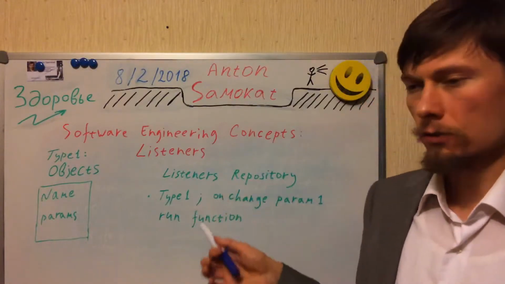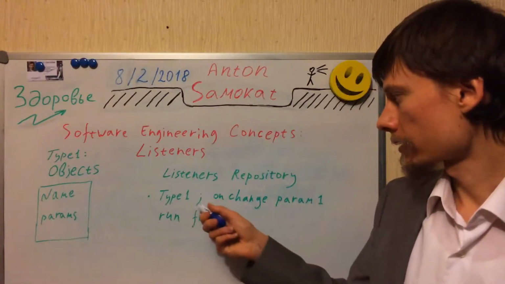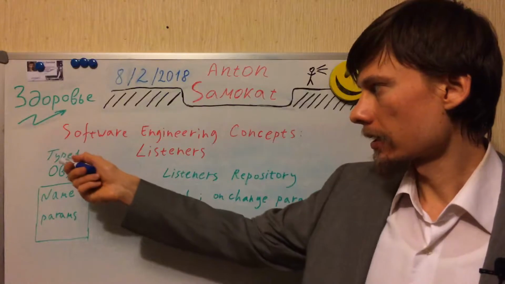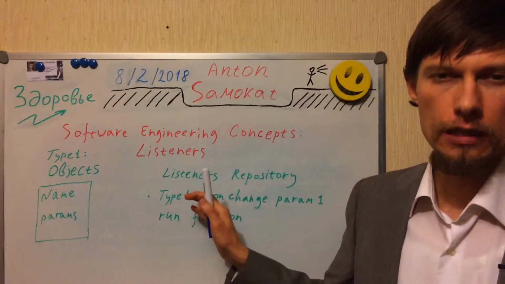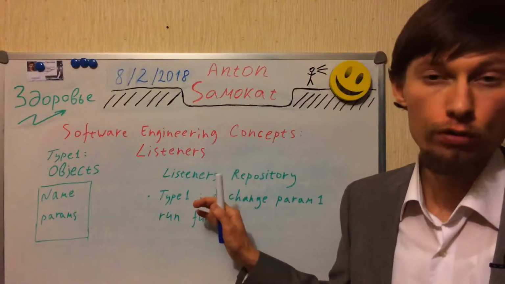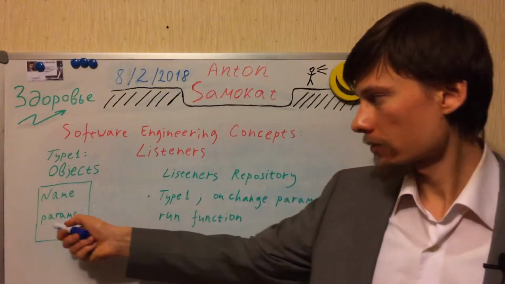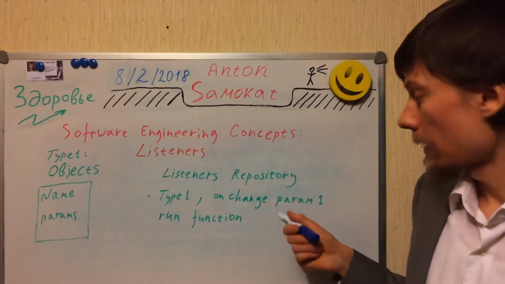In configuration we have a record like the following: for objects with type 1, for example it is type person, on change of some parameter, for example parameter 1, maybe it is nickname.